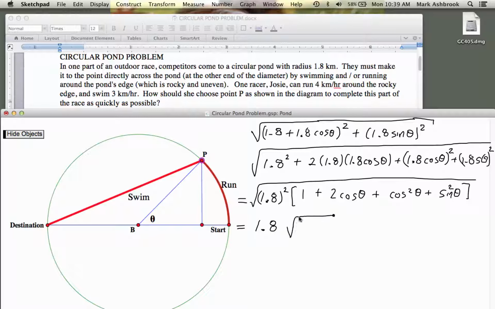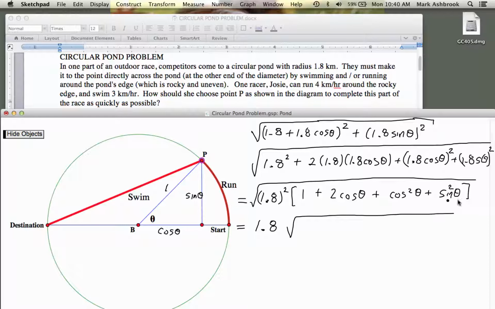And now I have the square root of this right here, cosine squared plus sine squared. If you remember, in radius lengths, this is cosine theta and this is sine theta, measured in radius lengths. And measured in radius lengths right there, that is 1. It's 1 radius length. So by the Pythagorean theorem, cosine squared plus sine squared equals 1 squared, because this would be a squared plus b squared.